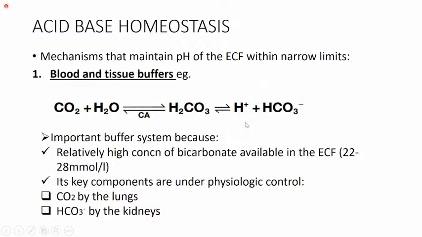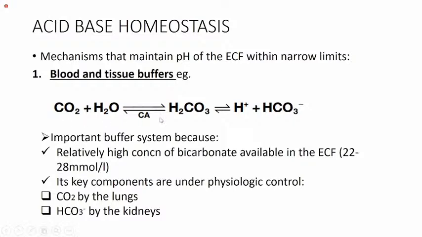Bicarb is able to bind to hydrogen and form carbonic acid. Under the influence of carbonic anhydrase, that carbonic acid is then converted to CO2 plus water. So you can see that the bicarbonate has buffered that hydrogen, and the end product is CO2 that you can now blow out through the lungs.